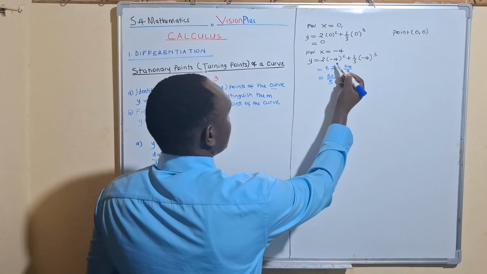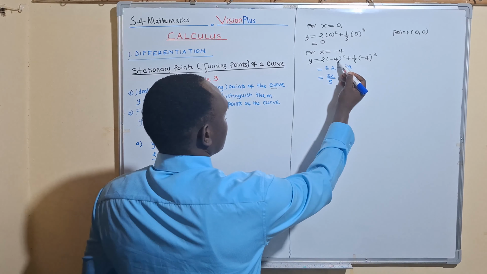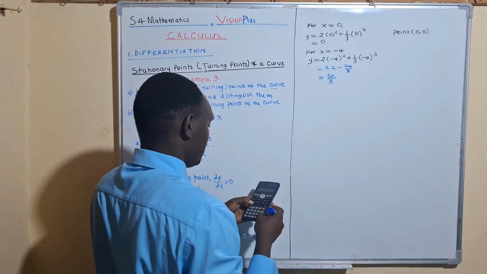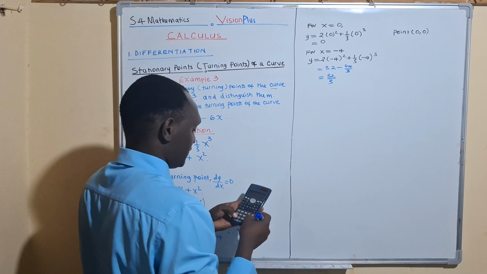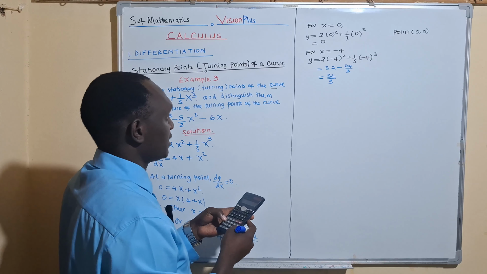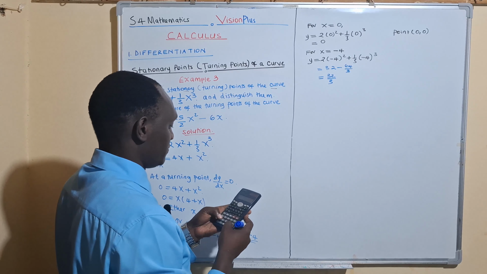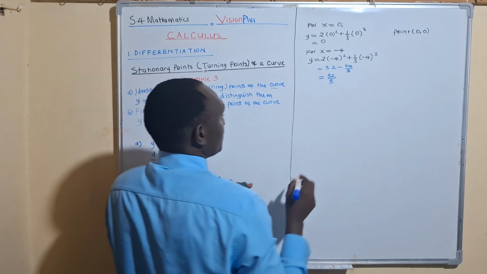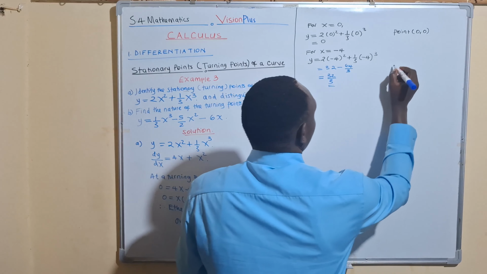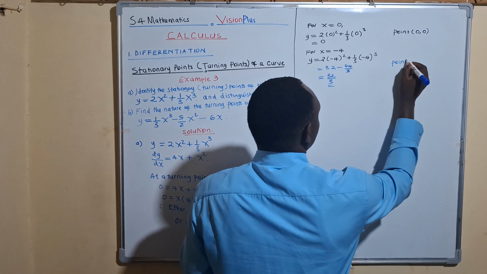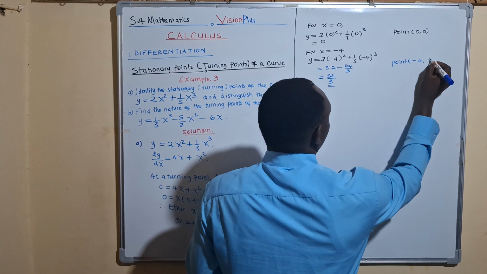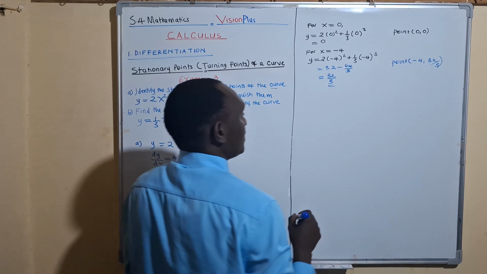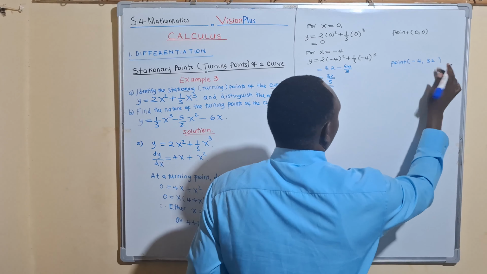Let me prove again. Yes, I'm getting 32 out of 3. So this is the value of y. So the other turning point is (-4, 32/3). Those are the two turning points that we have.